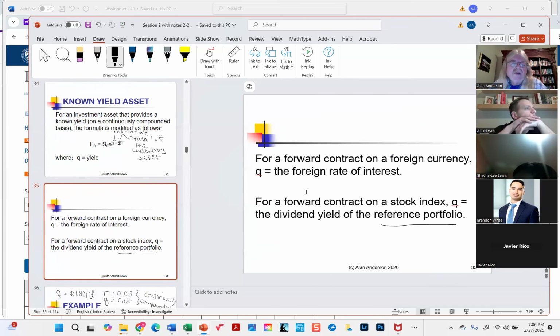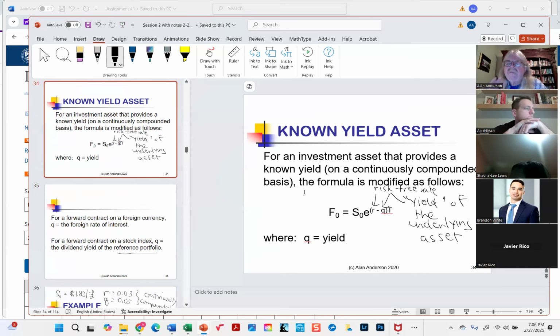Now, this is really the most interesting one. We just saw the case of an asset that provides occasional cash flows. What about other assets? Here's the logic behind what we're about to do.